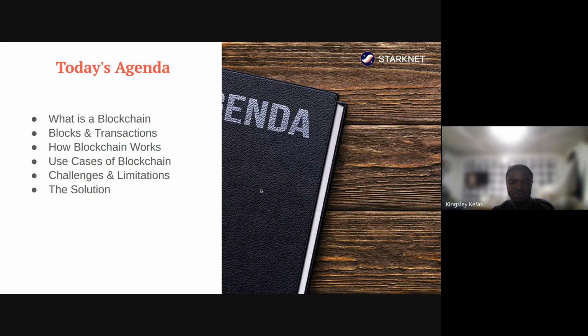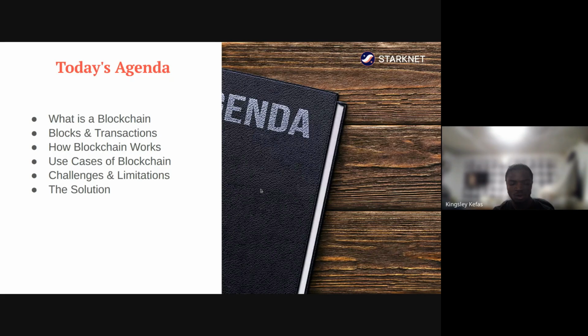So basically there are some keywords here which we might want to explain. We have things like the nodes here. You might be asking the question: what is a node? Nodes are basically computers that participate in that blockchain network.